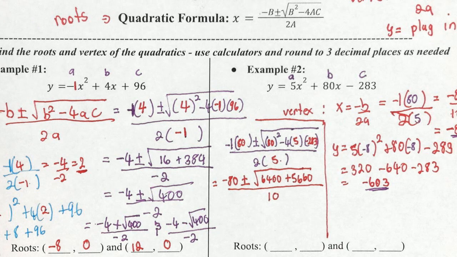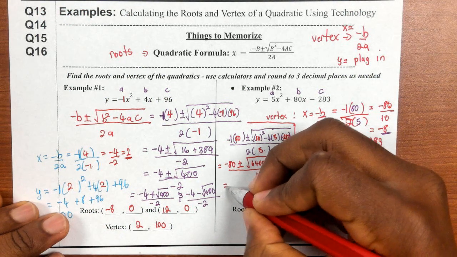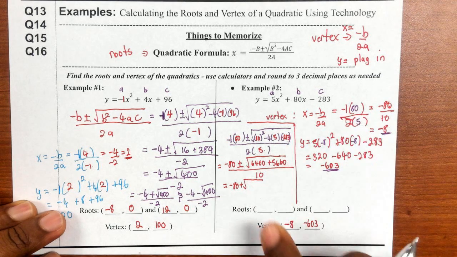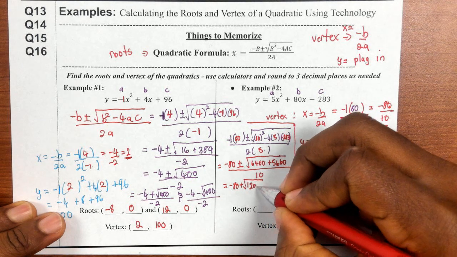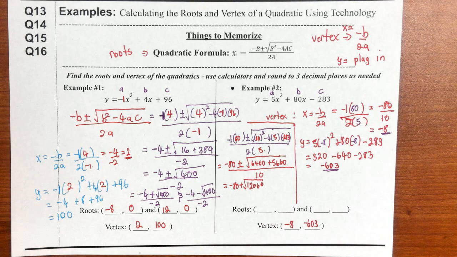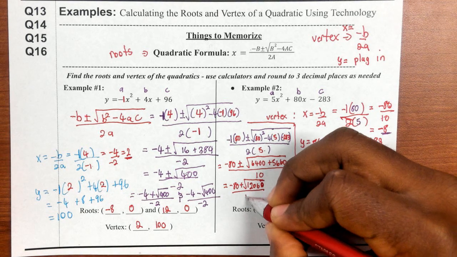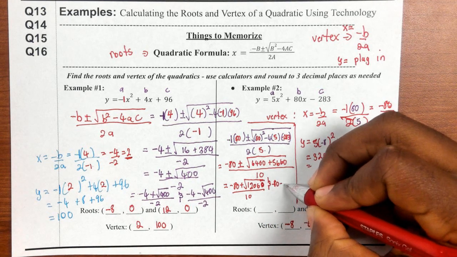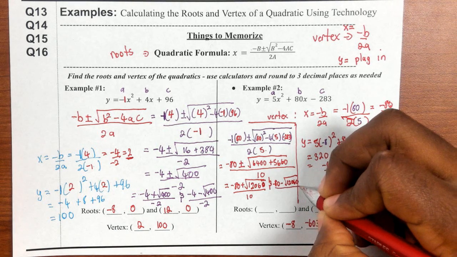Now I would put this in my calculator. So this is what I would type: negative 80 plus the square root. You can add these together, you get 12,060, all over 10, and then negative 80 minus the square root of that same number over 10.